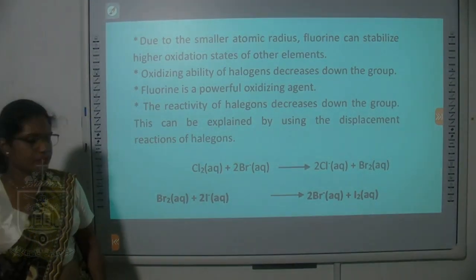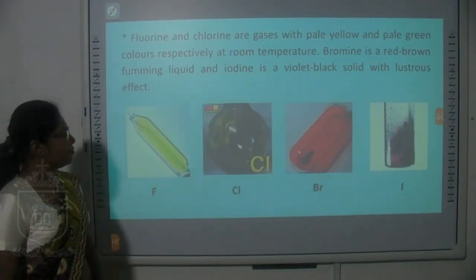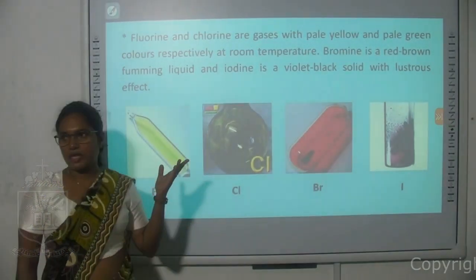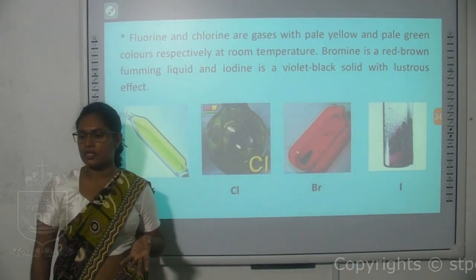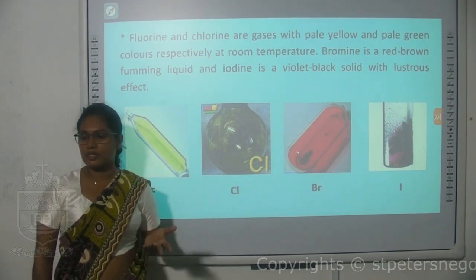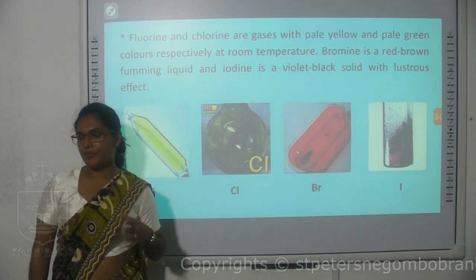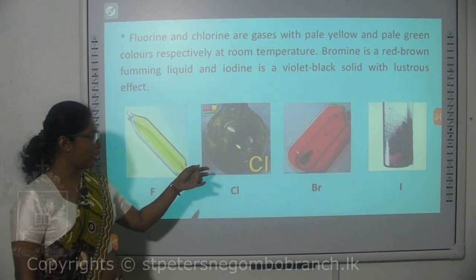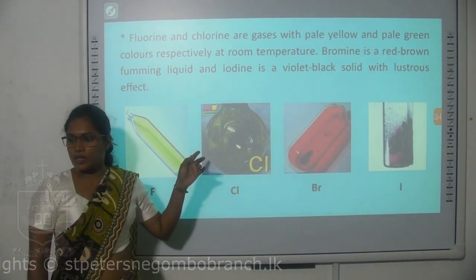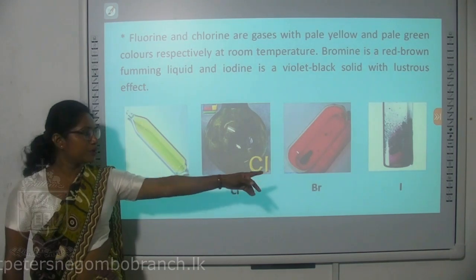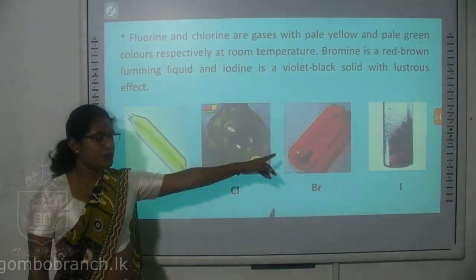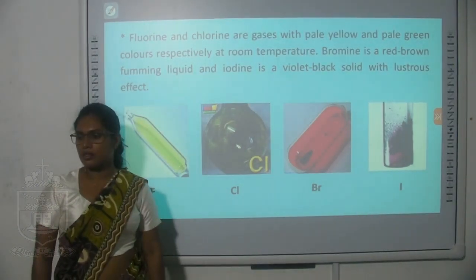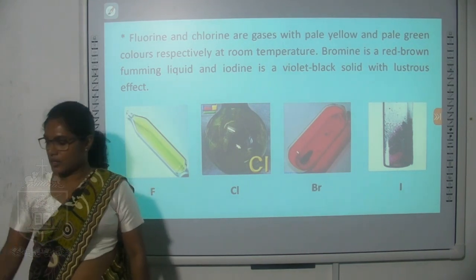Then if we check the natural occurrence of these elements and the physical states at room temperature, fluorine is a pale yellow gas and chlorine is a pale green gas and bromine is a red-brown liquid, and iodine is a violet-black solid.